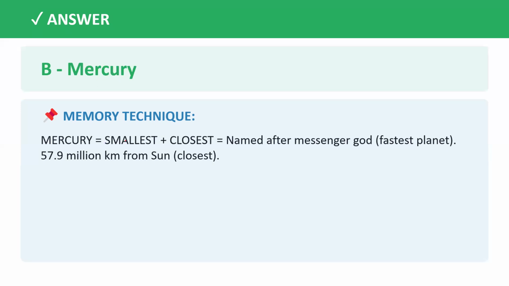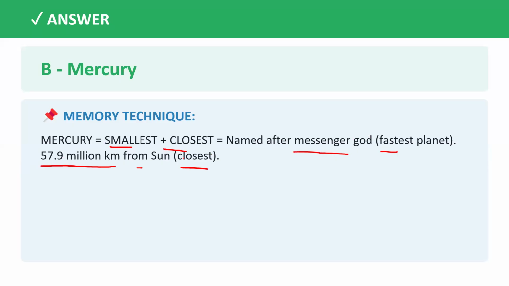Mercury is the smallest as well as the closest planet to Sun. It was named after the messenger god. So it is the fastest planet in a way, and it is 57.9 million kilometers from Sun, and hence it's the closest planet to the Sun.